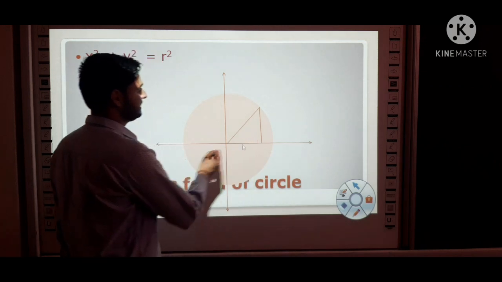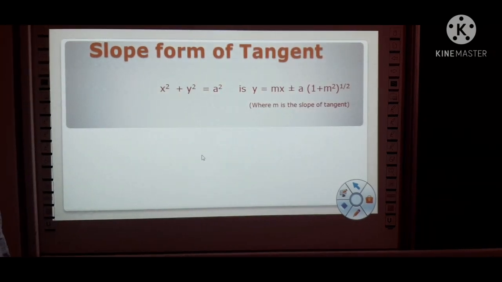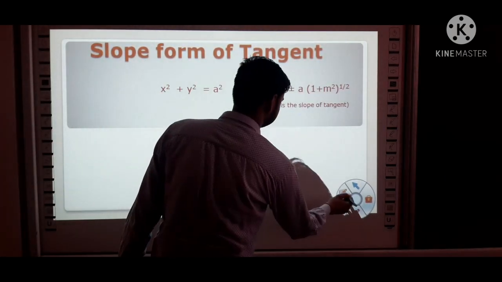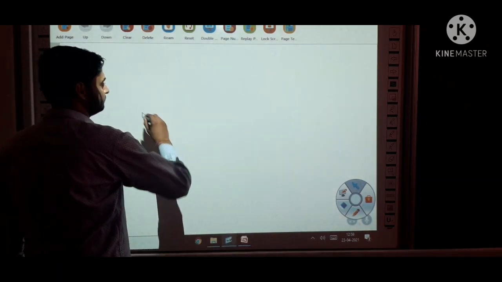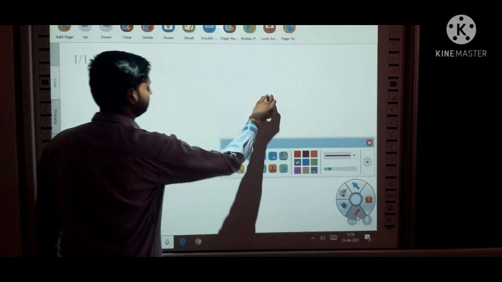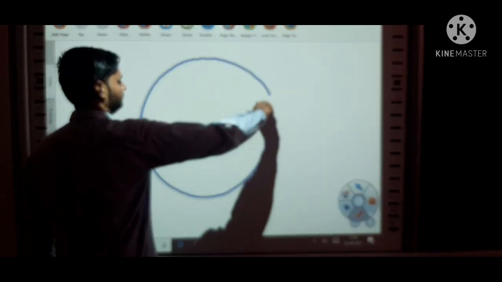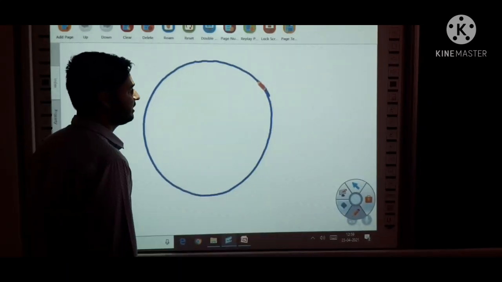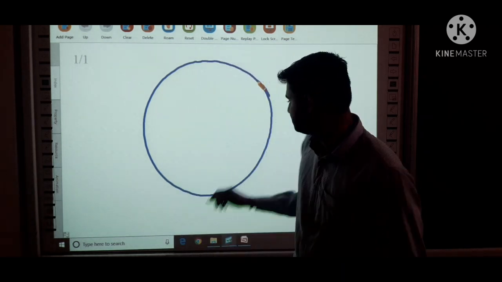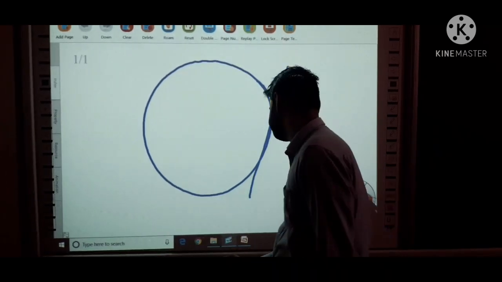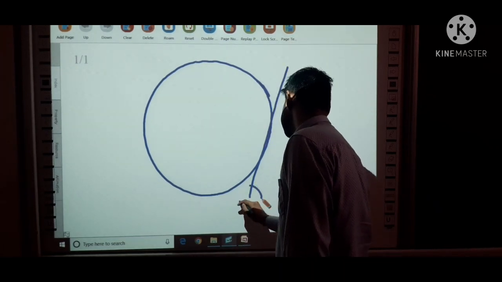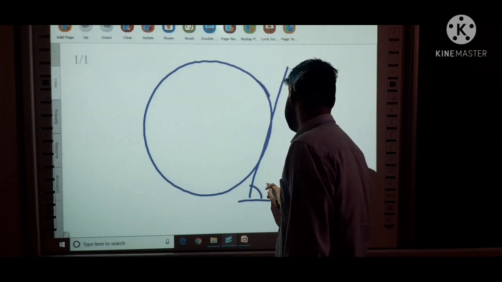Now let's turn to the next point: slope form of tangent. This is the circle. Now we want to draw the tangent. This is the tangent. The slope of the tangent is m.